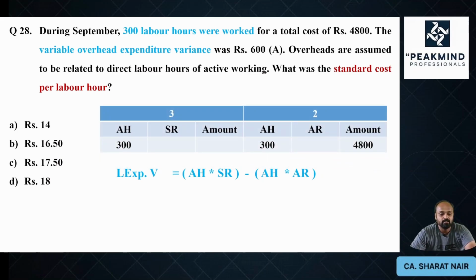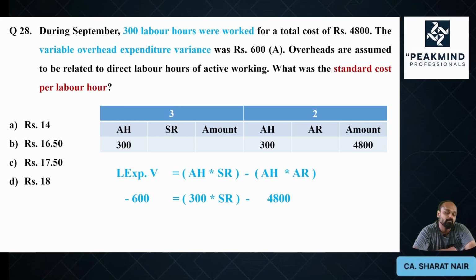We know the formula is already available, but I used to teach in table format because it helps solve reverse working problems very easily. So labor expenditure variance, since it is mentioned as 600 adverse, I'm taking it as minus 600, and actual hours is given 300 into standard rate.